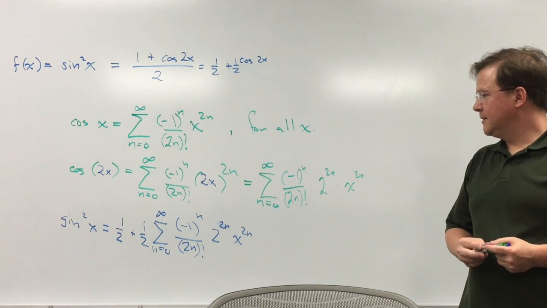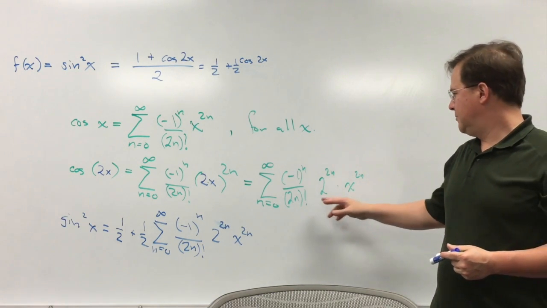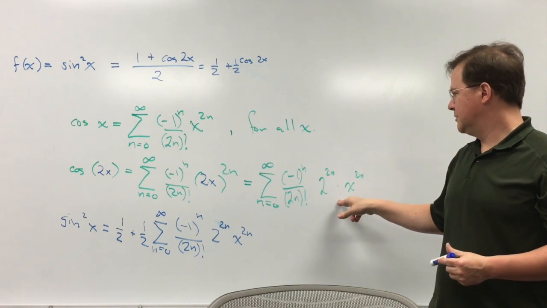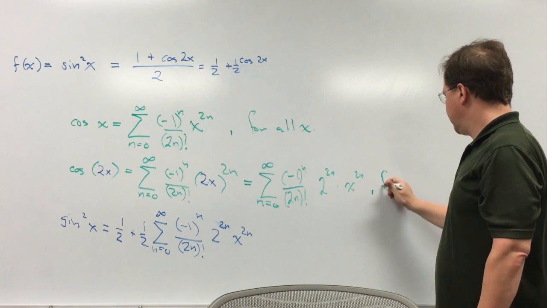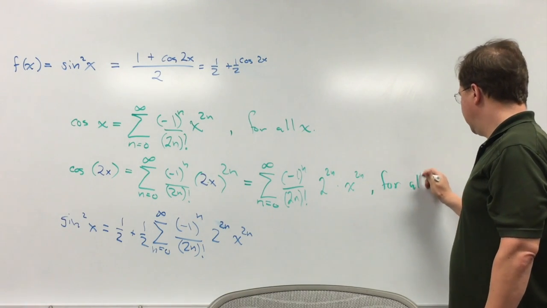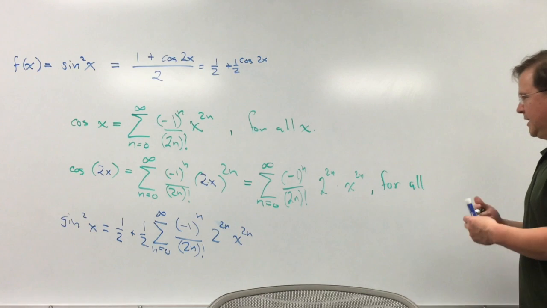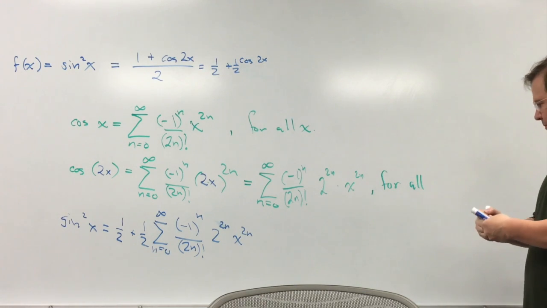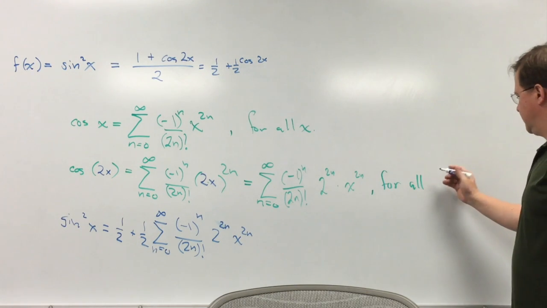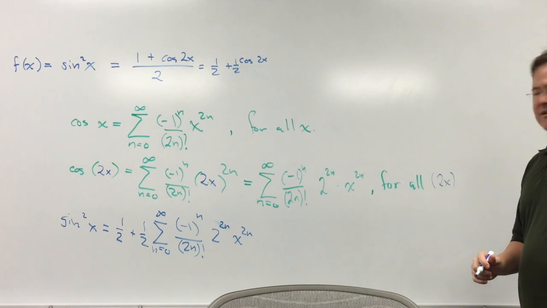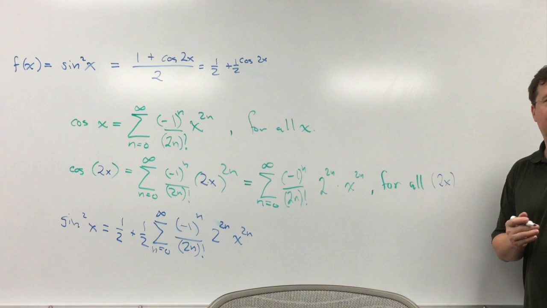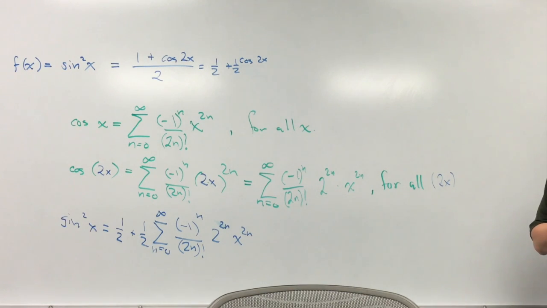From here to here, I just did algebra. So this is still going to be for all, technically I should say for all 2x. But whatever 2x is, there's an x that corresponds to it that I could double to get it.